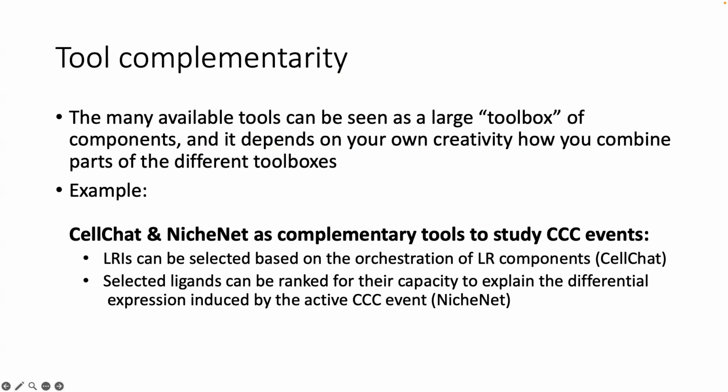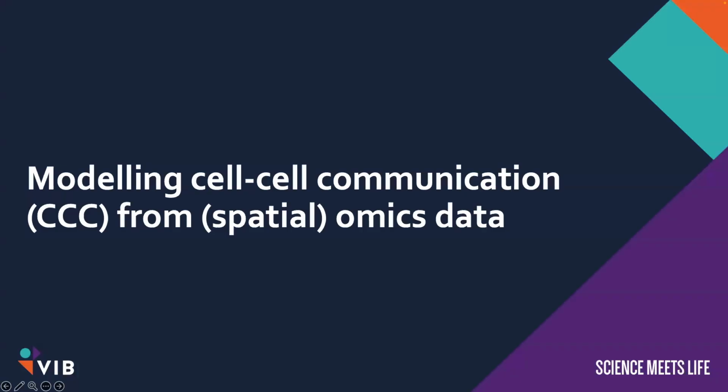For example, you can first do a CellChat analysis and then work further on the ranked list of ligand receptor interactions from CellChat, and then apply NicheNet to combine with the intracellular modeling part and further refine your ranked list of ligand receptor interactions. And this way, there are many possible ways that you can combine tools.